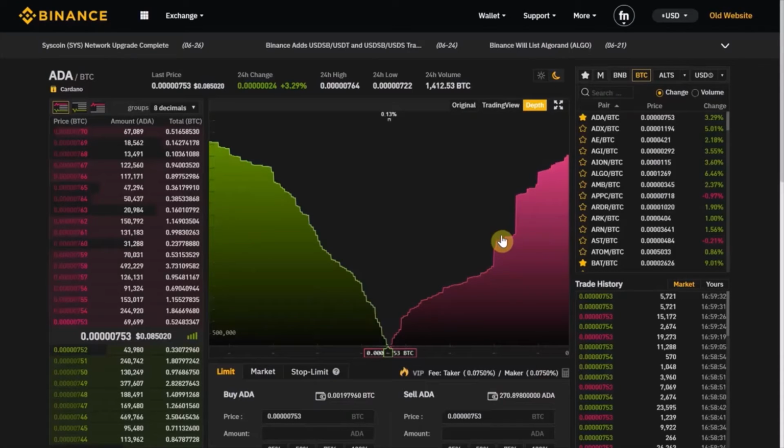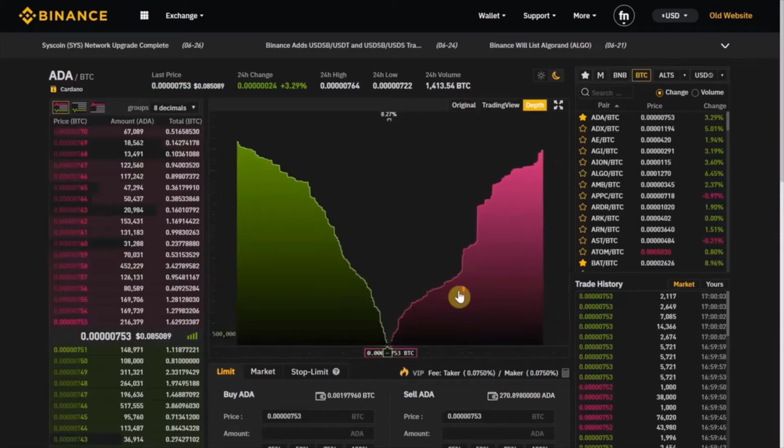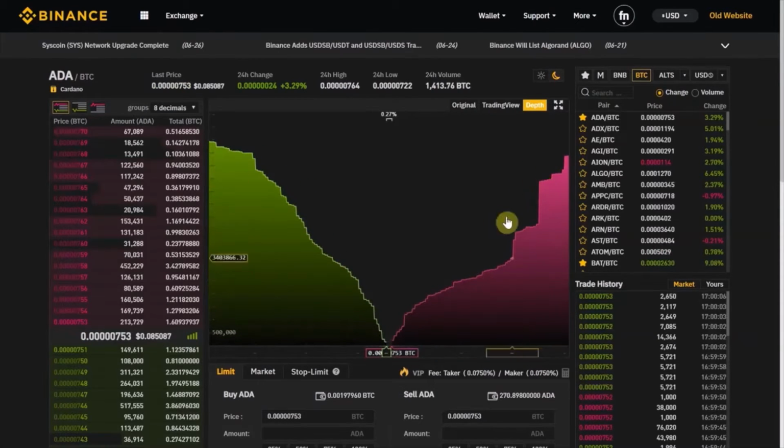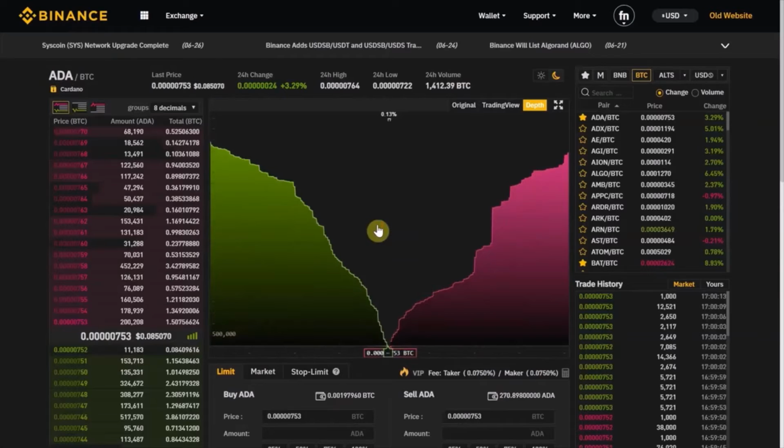So if I wanted to make things smoother, or make my order fill a little before some of the volume here, I would simply move it a little bit lower, and I wouldn't have to wait for this section here to be cleared. Can be confusing, but I think it's pretty easy once you get a hold of what's a bid and what's an ask. So this is the order book.